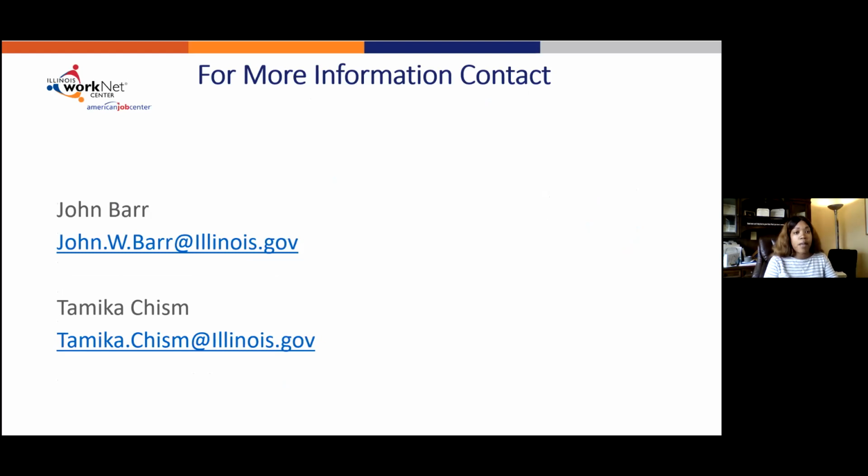And I know that you'll probably have more questions once you see your grant award, once you're incurring costs, once you're starting to document those costs and really get into the nitty-gritty of your expenditures and start having some disbursements and some true financial transactions related to the grant. So if needed, John Barr and myself are available to answer those questions for you.